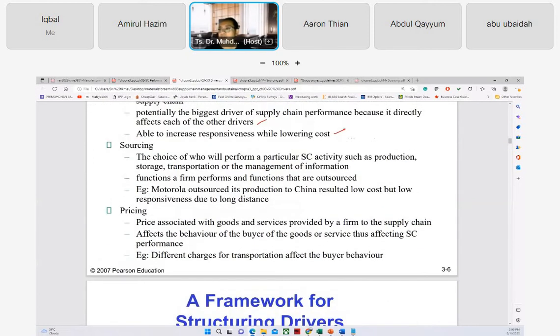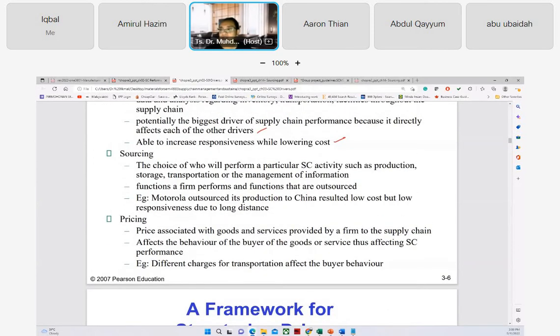And then the other one is sourcing, to choose who will perform a particular supply chain activity, such as production, storage, transportation, or the management of information. So you have to decide which is the best.